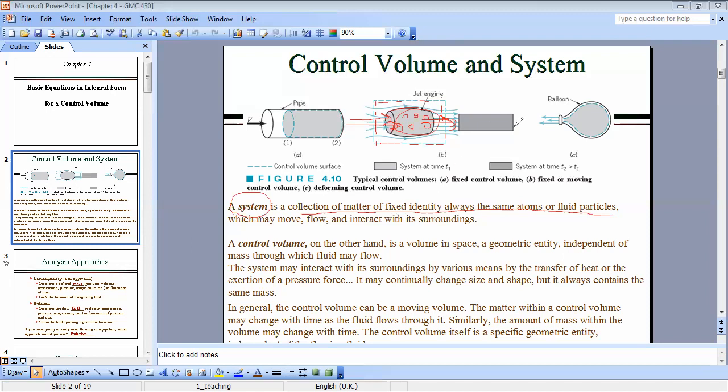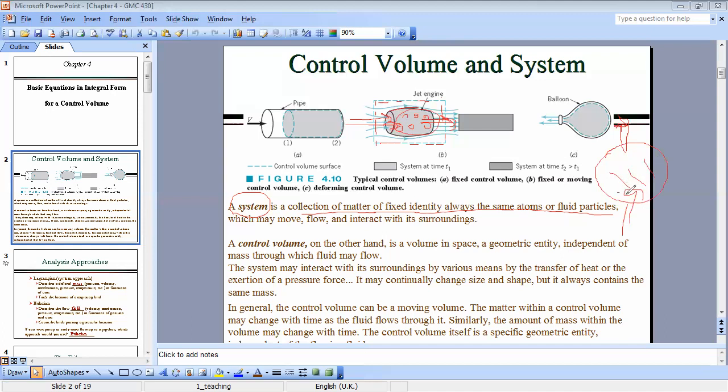For example, let's say we have a balloon with air inside, but it cannot connect with the environment. So you cannot have fluxes coming out or coming in, but you can compress the air, or by putting forces on it, you can increase its pressure.